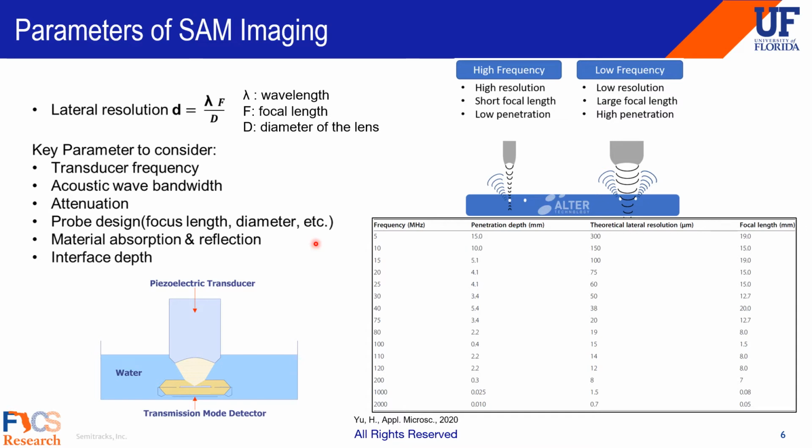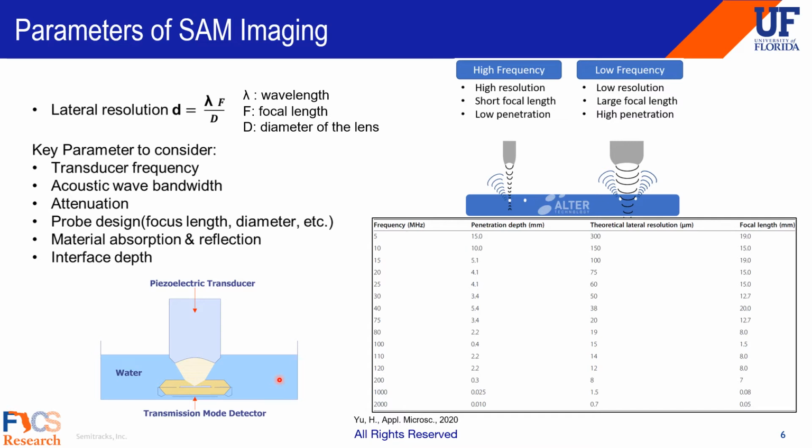Finally, we have the interface depth. The focal length is the length where the acoustic wave is focused, but in actual measurement, the length is actually shorter since acoustic waves travel faster in solids. You can see there's another cone shape here.